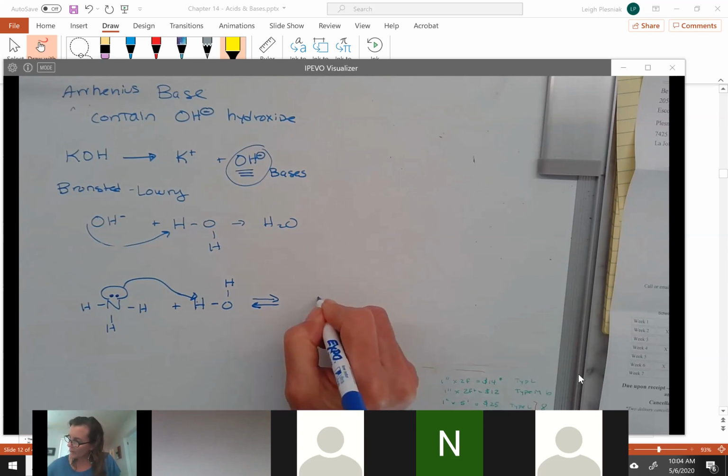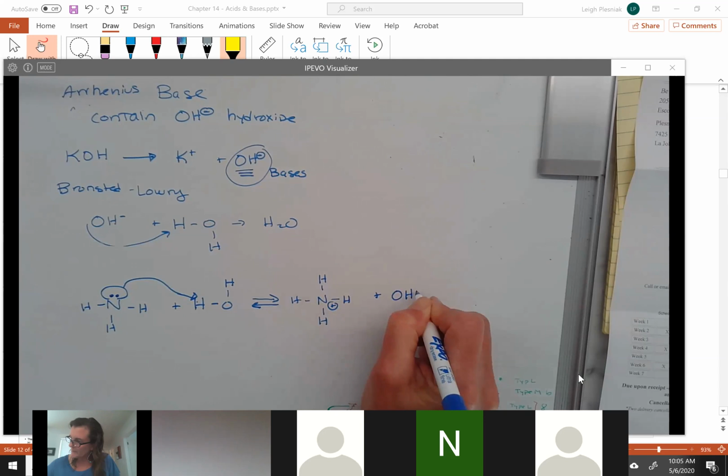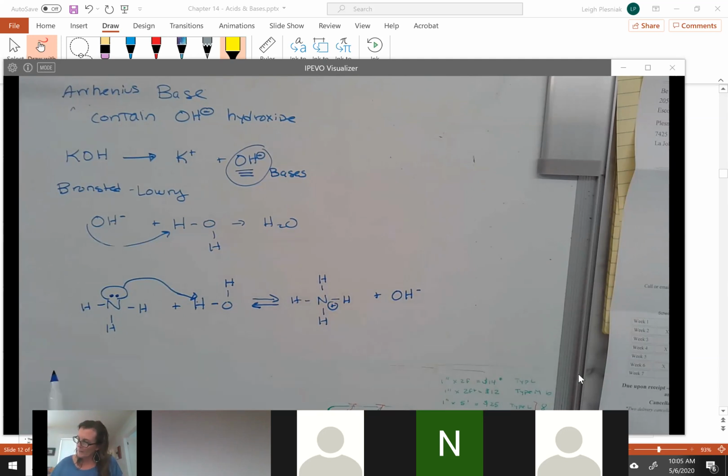And what you wind up with is ammonium, the polyatomic ion, and hydroxide. So notice, key to the definition is that this nitrogen functioned as a proton acceptor because it took an H plus from water.